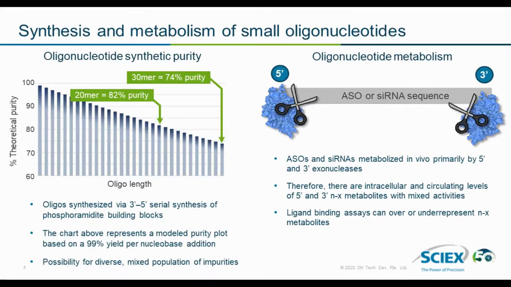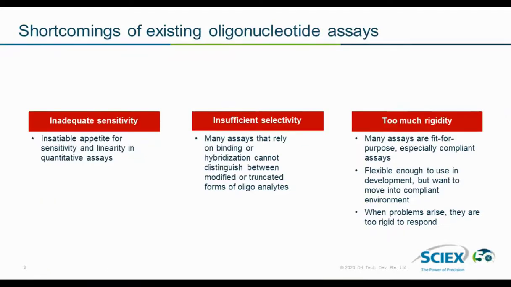Ligand binding assays can also over-represent the metabolites here. So you've got to be careful using some assays, and this is why people are looking at LCMS based approaches, which are more specific than ligand binding assays.